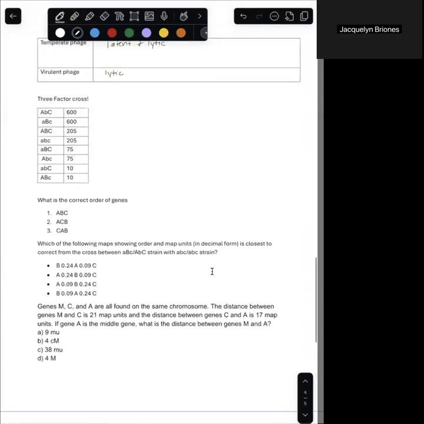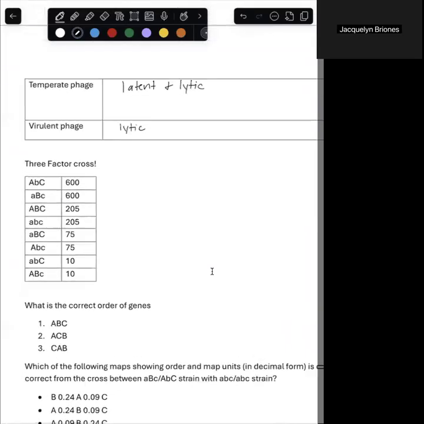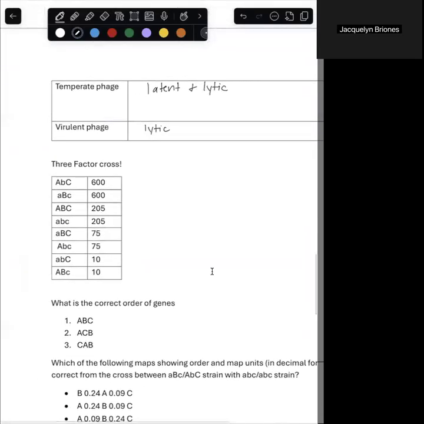Okay, now we have a three-factor cross. So let's find the middle gene. To find the middle gene, we're gonna cross.